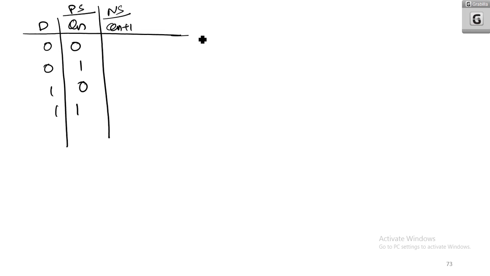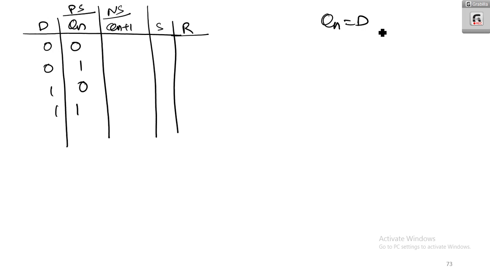From there we are deriving the S and R. S and R are taken from the excitation table of the SR flip-flop. So what is the basic truth table equation for this D? Qn plus 1 is equal to D. So you can write 0 0 1 1.